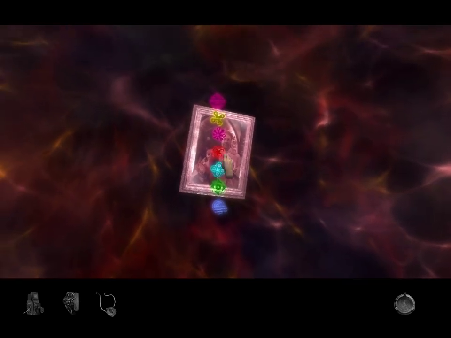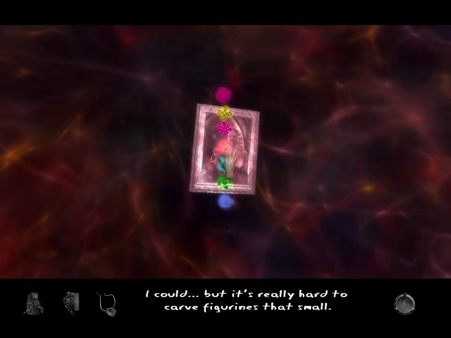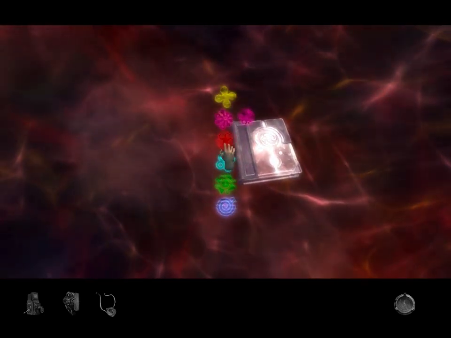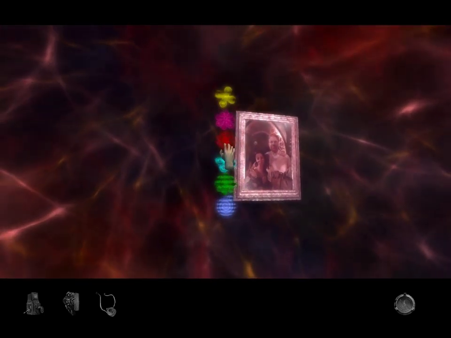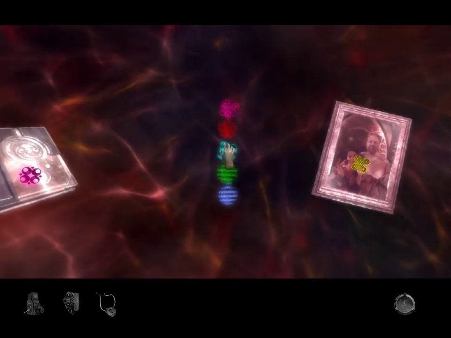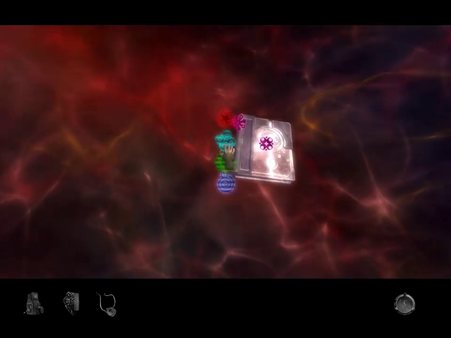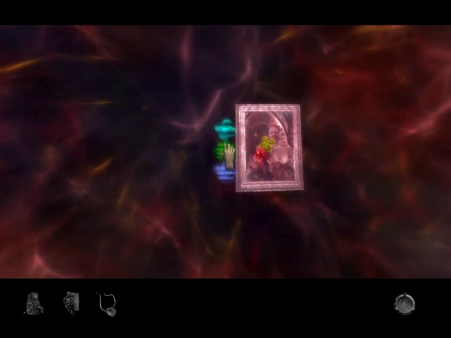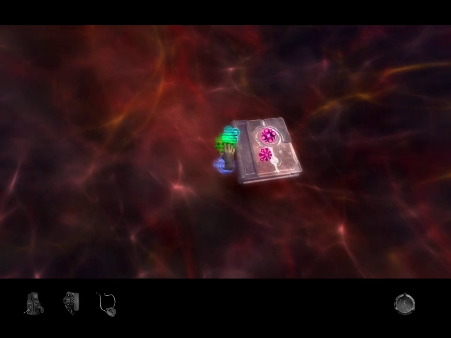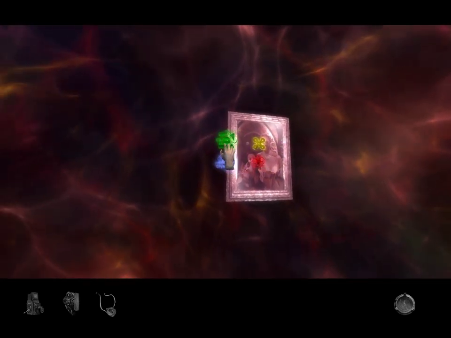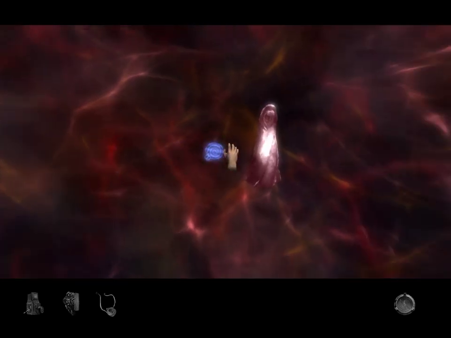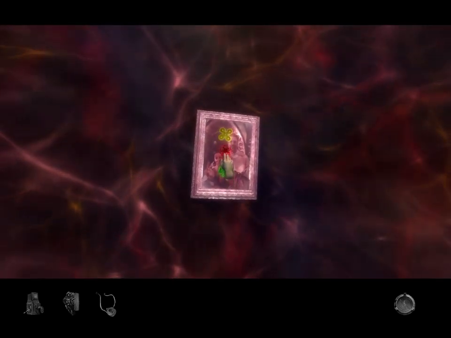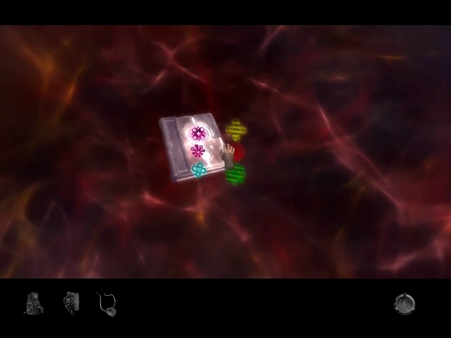Okay, first we need the bottom one from this stack. "I could." So, again, I'm just going to dump. That's just the sound from the one we've already solved correctly, which is going to interrupt us a lot from now on. Oh, this actually works out, which is nice. Okay, then I need that one, the red one.